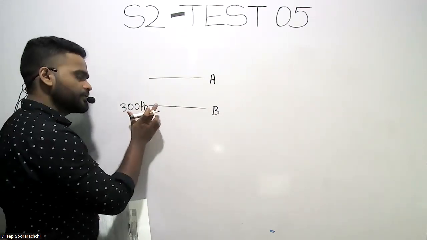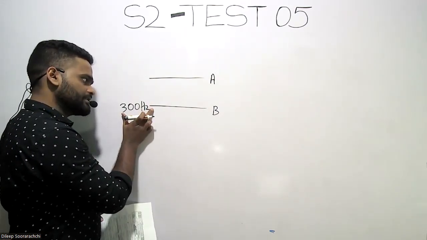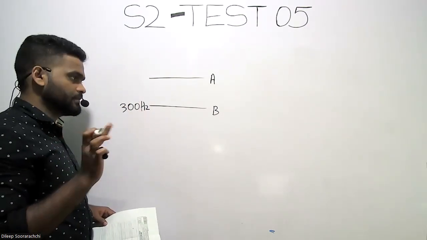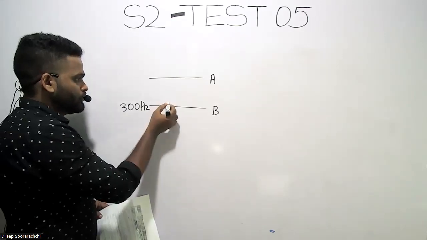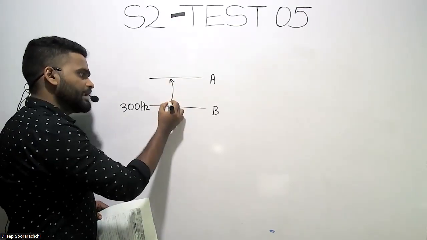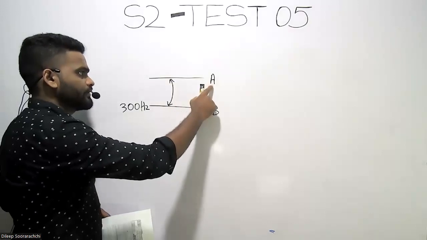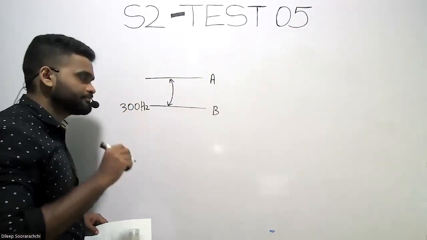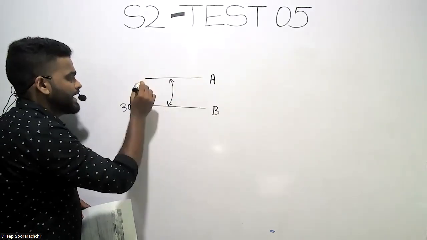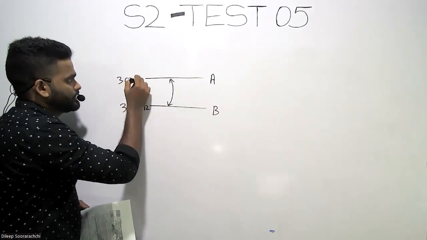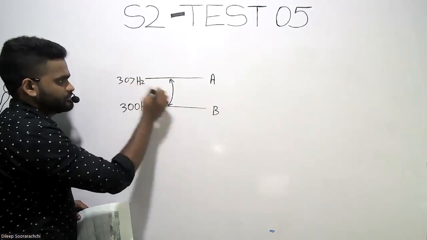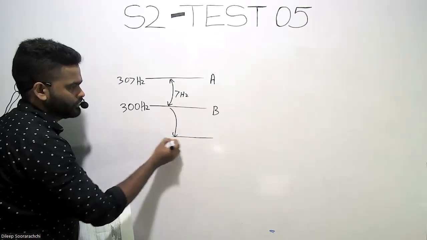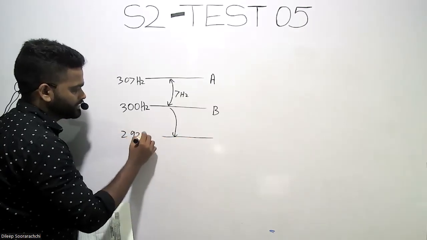Then if the frequency of B is definitely 300 Hz, then before applying wax, there are two possible values for the frequency of A in order to make beats of 7. So A could have this frequency 307, or this could have 293 Hz.